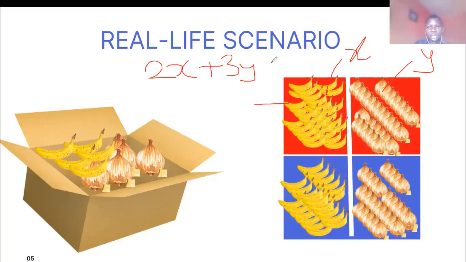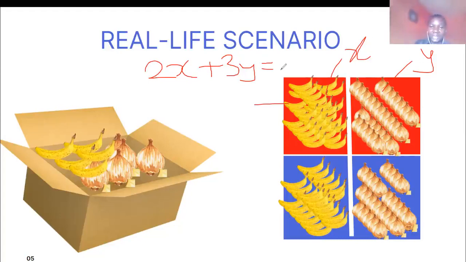But fortunately for us, the person that stored the bananas and onions in the first cabinet gave us accurate information about the total number that he stored.